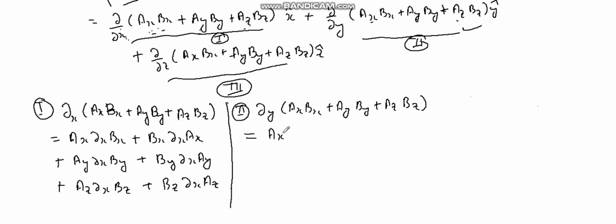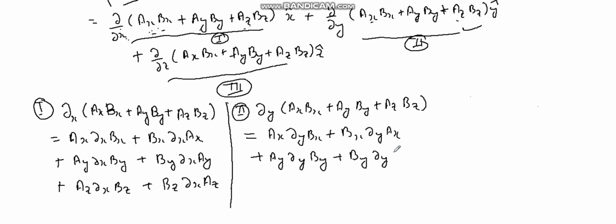Del y: ax del y bx plus bx del y ax plus ay del y by plus by del y ay plus az del y bz plus bz del y az.